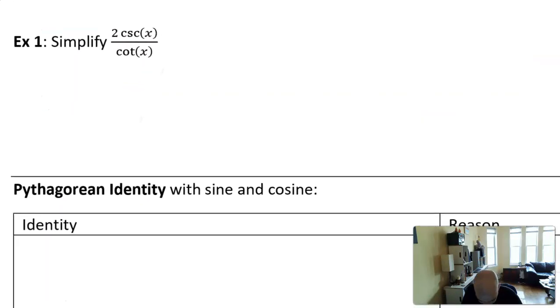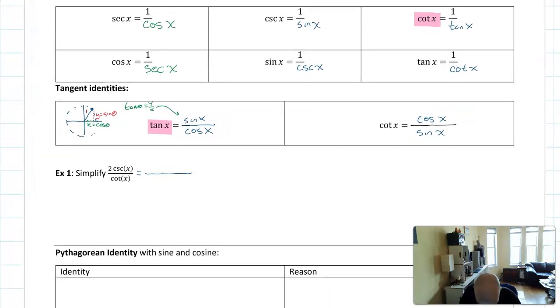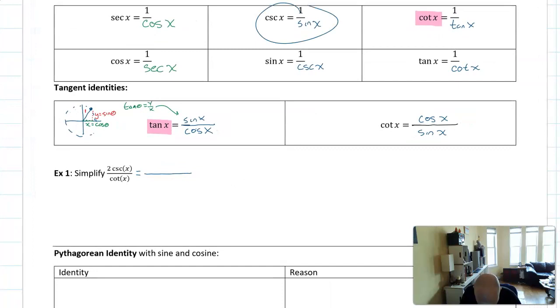So, say I wanted to simplify 2 cosecant of x over cotangent of x. Ew, gross, like all those co-functions? All right, so here's what we'll do. We're actually going to make a complex fraction and kind of take these apart. So cosecant, I'm just looking over here, is 1 over sine.